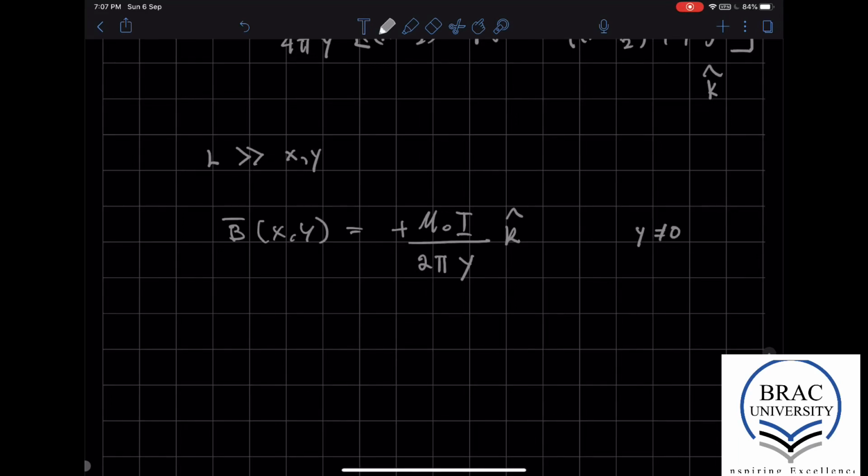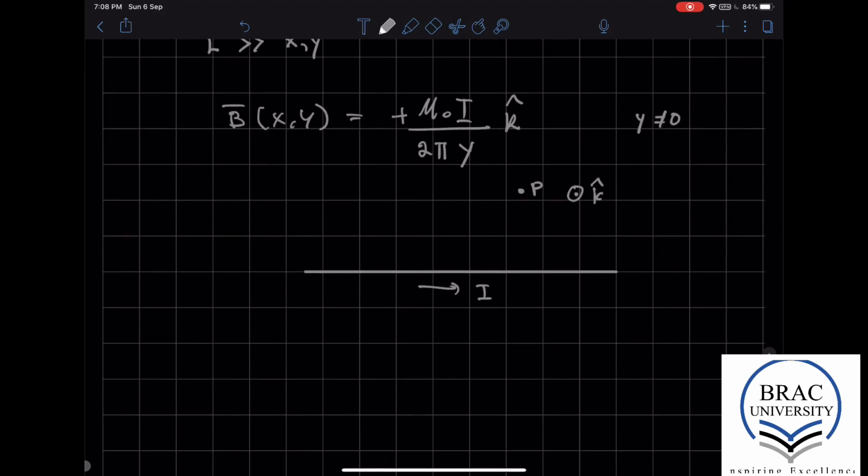So let's just recap. If this is an infinite wire and there's current going in some direction, say I in that direction, and we're looking at some point P, then the magnetic field at that point P will be in the direction coming out of the page.